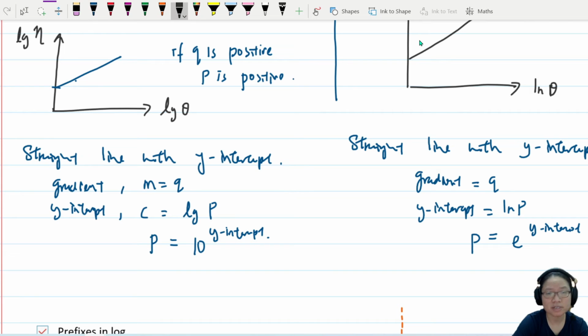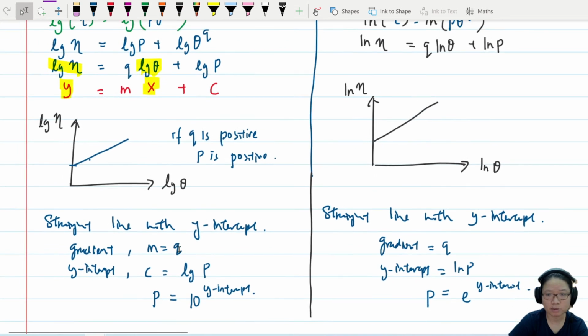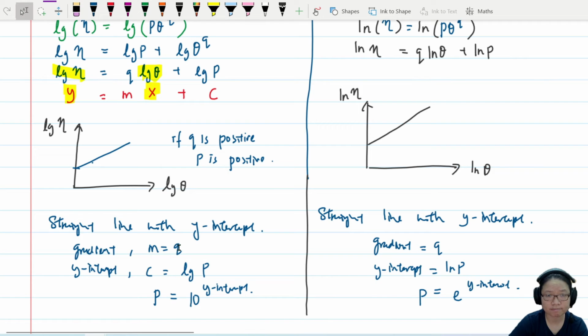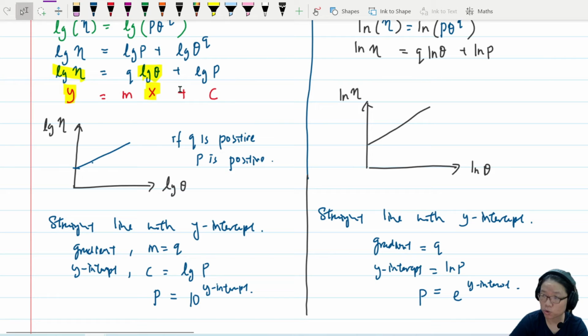Okay, so they are very similar. They are interchangeable, but they are not identical. Left and right are also not the same. You will get the same shape, just like I've shown you in the early part of the video series. But the important thing here is to know what graph you're plotting. Follow the question.